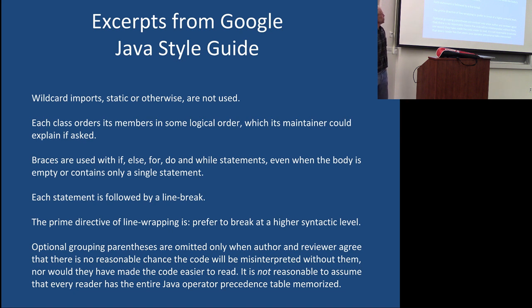It says each class orders its members in some logical order which the maintainer could explain if asked. So they stop short of saying, okay, first I want the instance variables, and then the constructors, and then the public methods, and then the private ones. But they want you to have some logical reason that you put things the way you did, not just be willy-nilly.